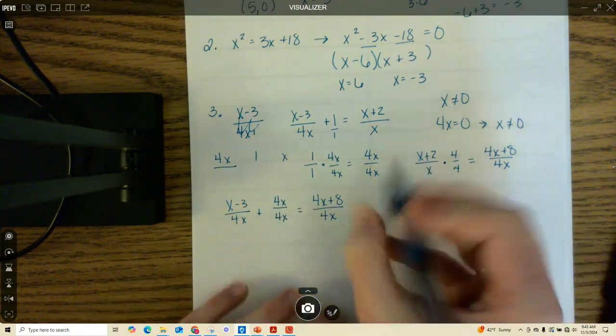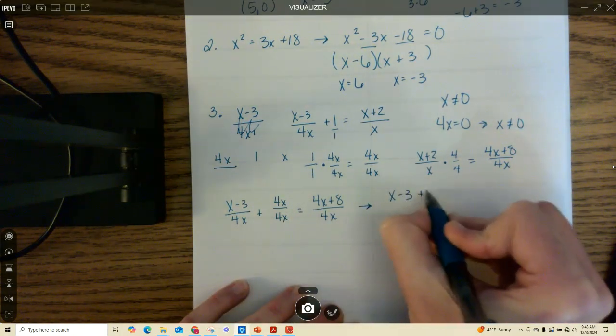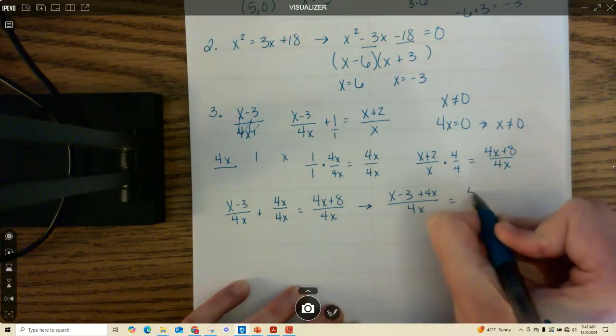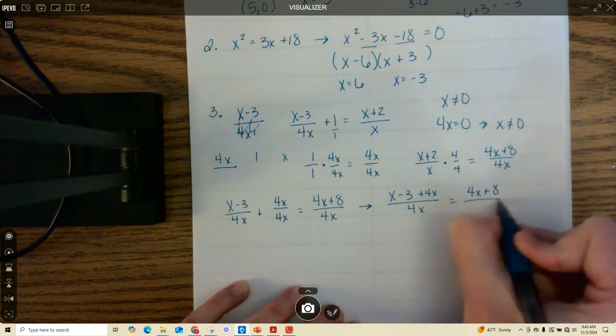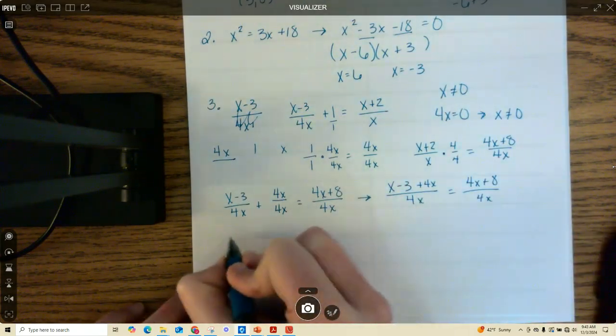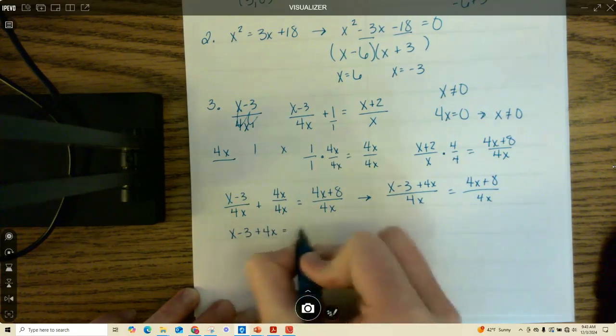Fractions that have the same denominator can be written all in one piece. If the denominators are the same, I can set the numerators equal to each other.